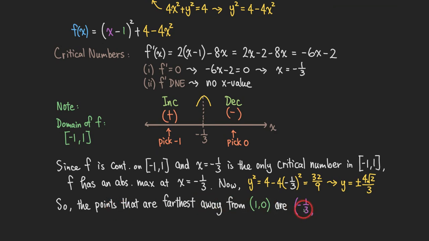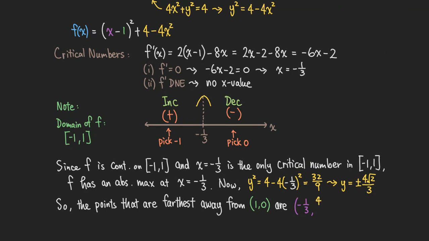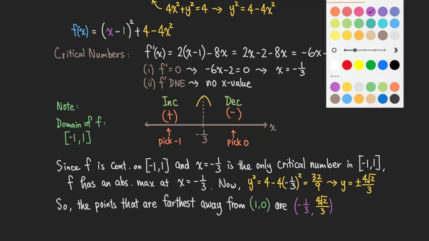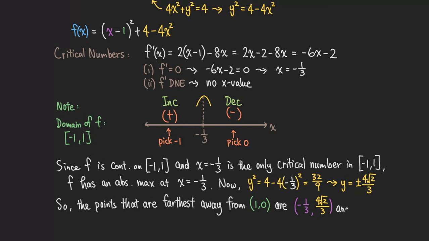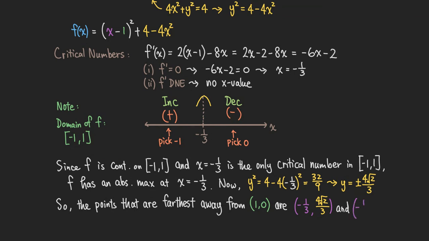That's the x value that comes from the critical number. And then the y value would be just one of them is the 4 square root of 2 over 3. And then the other one has the same x value, but a different y value.